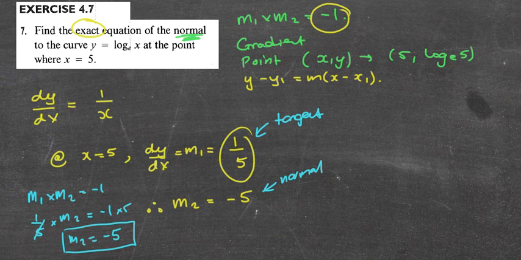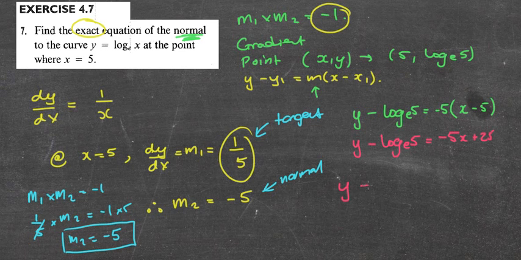But I've got my m value, and now it's just the same as every other question that we've done before, in terms of simply putting it into that equation. y minus my y1, which is log e 5, equals m, which is negative 5, x minus my x1, which is 5. And now we can put it into either of the two forms that we've spoken about already. So y minus log e 5 equals negative 5x plus 25.